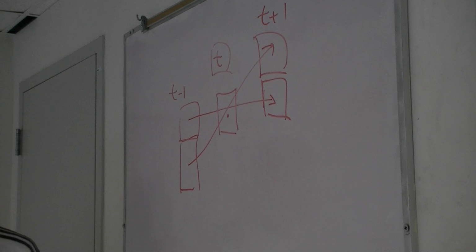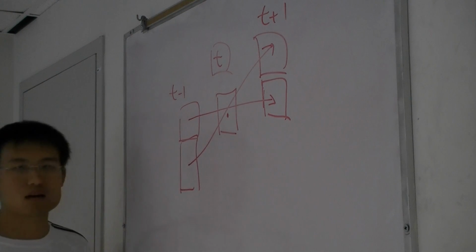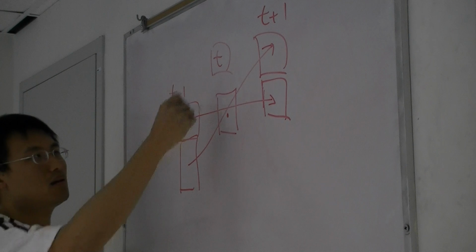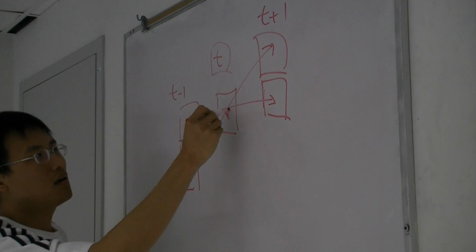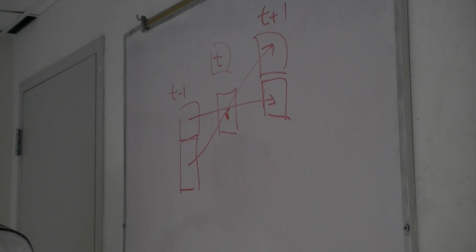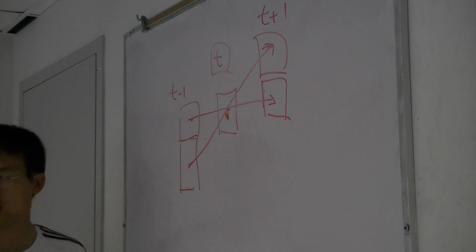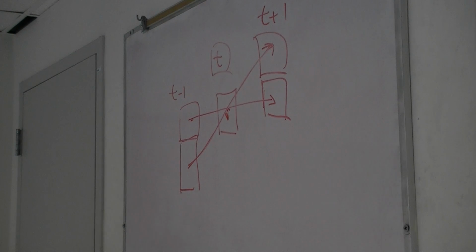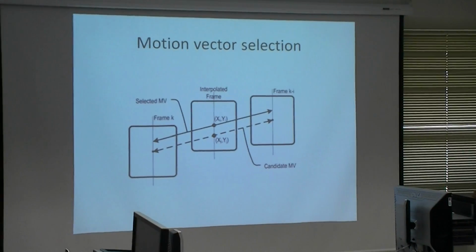The basic idea is to try to find a vector that is closest to the center of the macro block. So in this case, this motion vector is closer than this vector, so we think this vector is a good vector. This is one problem for the bi-directional motion vector estimation. It's called motion vector selection.